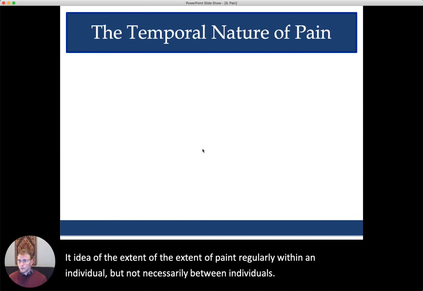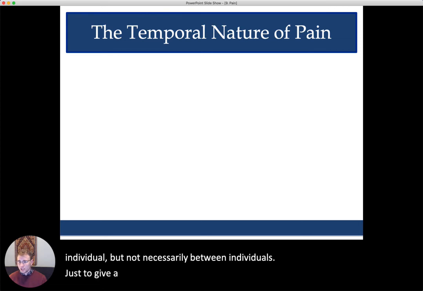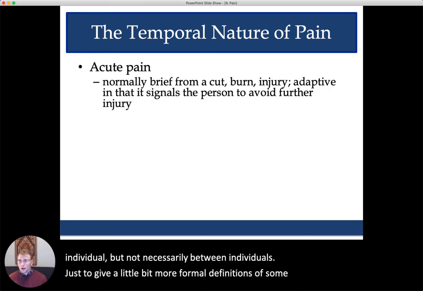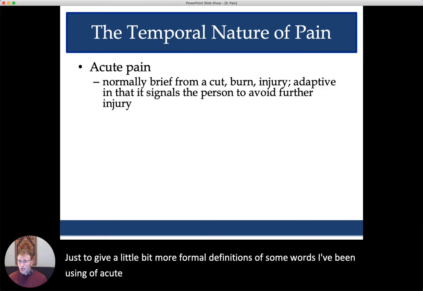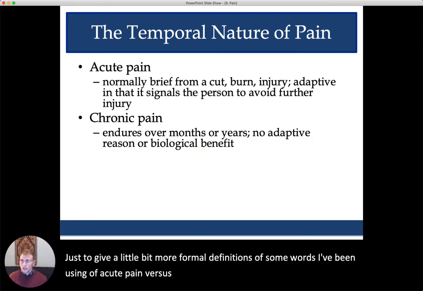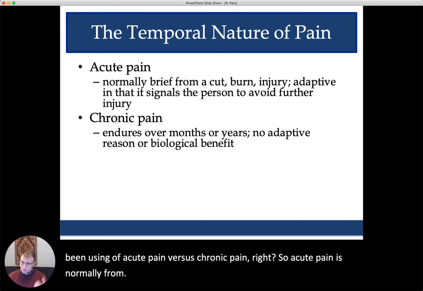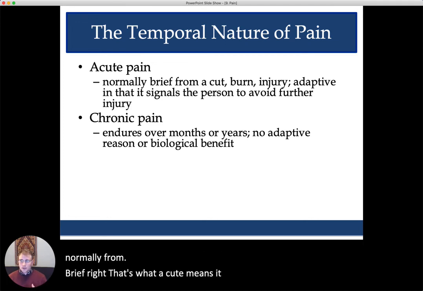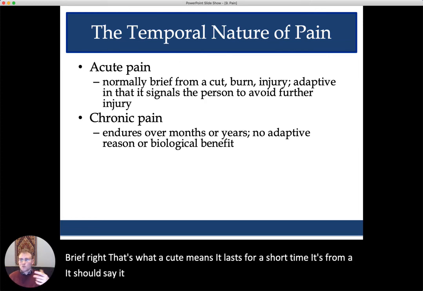Just to give a little bit more formal definitions of some words I've been using, acute pain versus chronic pain, right? Acute pain is brief. That's what acute means. It lasts for a short time. It's normally from something like a cut or a smaller burn or an injury.